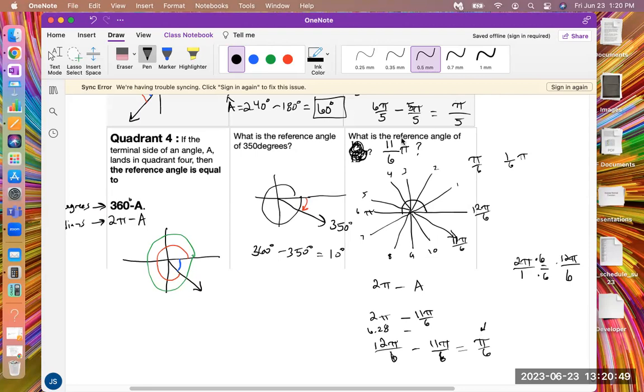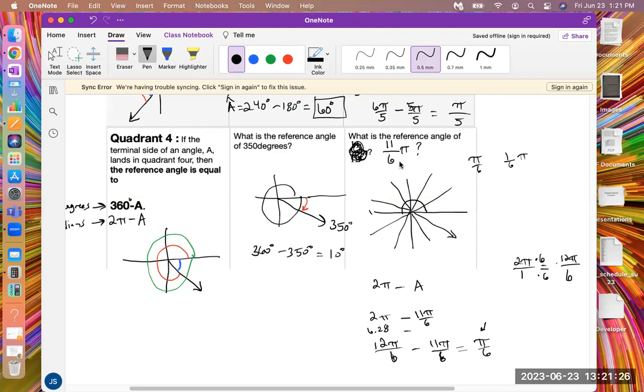But you could have also turned this into a decimal to help you figure out which quadrant it was in. You could have calculated in your calculator, sorry, what is pi over 2?